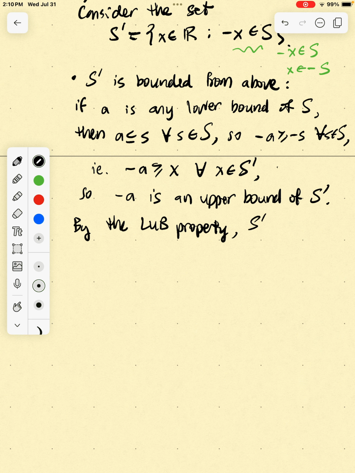That says that S prime has a least upper bound, has a supremum. Let's call that supremum y.